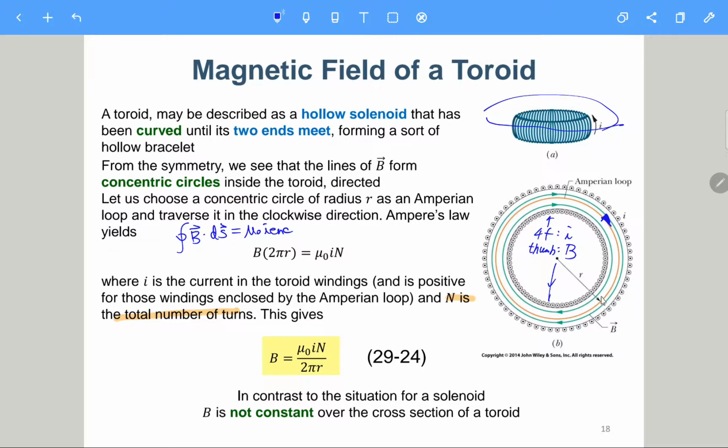The variation over small r will be small, but actually the B field really depends on small r. So in contrast to the situation for a solenoid, B is not constant over the cross section of the toroid. If it is closer to the inner loop, it will be slightly stronger. Any questions?